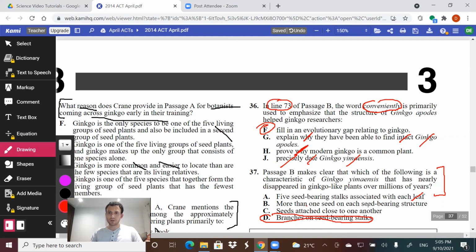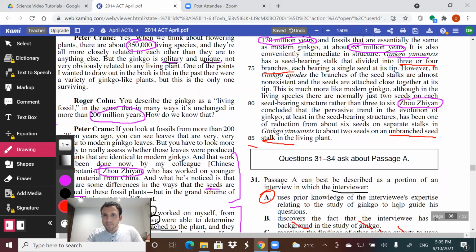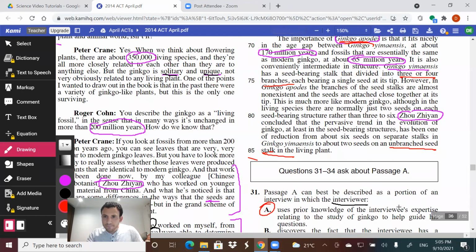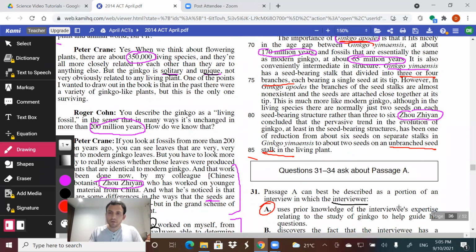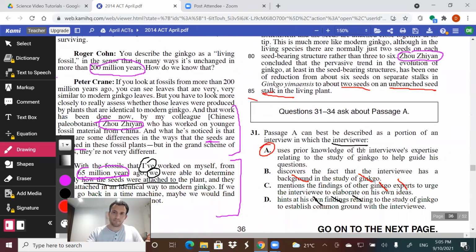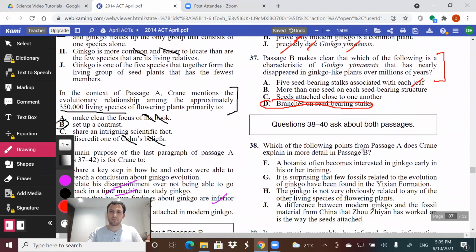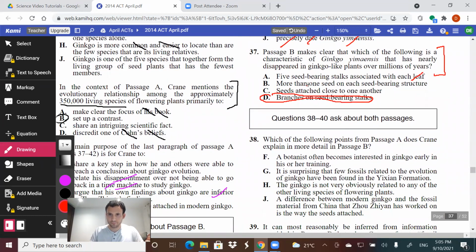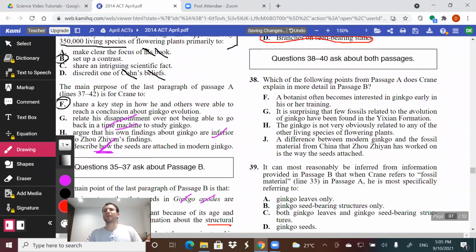So more than one seed on each seed-bearing structure. No, because it's 2 seeds. So that one's contradicted. And then nothing about seeds being attached close together. Okay, let's look at these last 3.